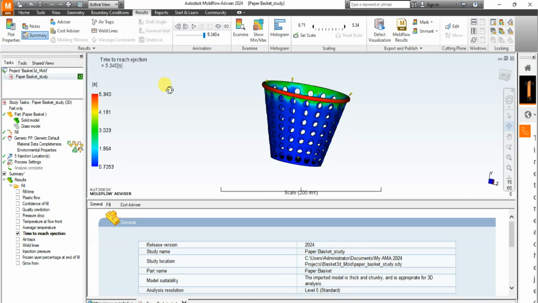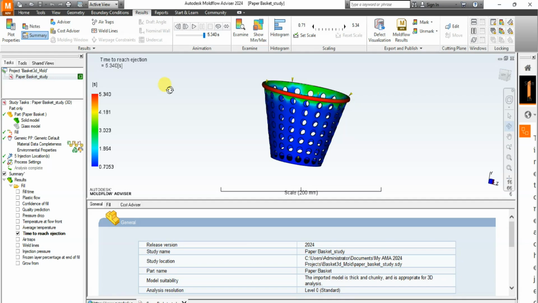Now for the dual domain analysis, the value displayed is the time taken for 100% of the local thickness to reach the injection temperature. That's for dual domain. Now let's talk about the 3D flow. For the 3D flow, the value displayed is the maximum time over the local thickness mapped from the interior to the surface of the part.